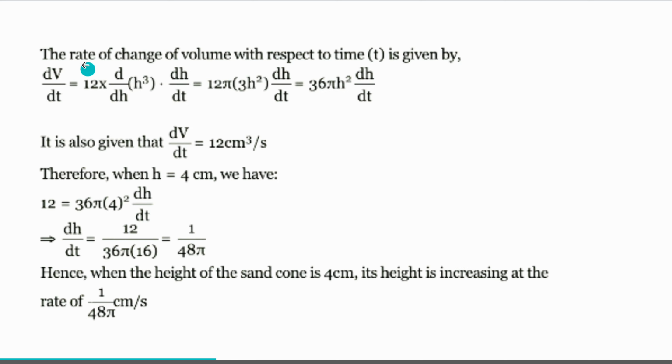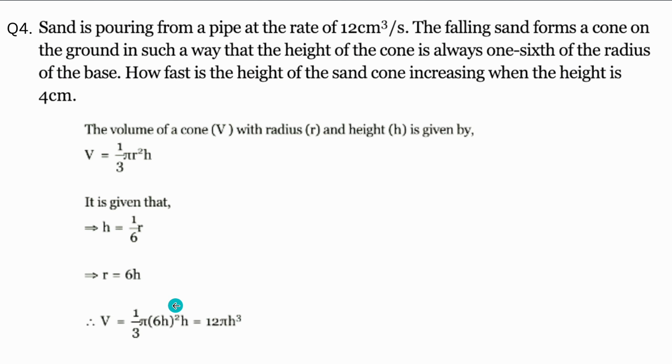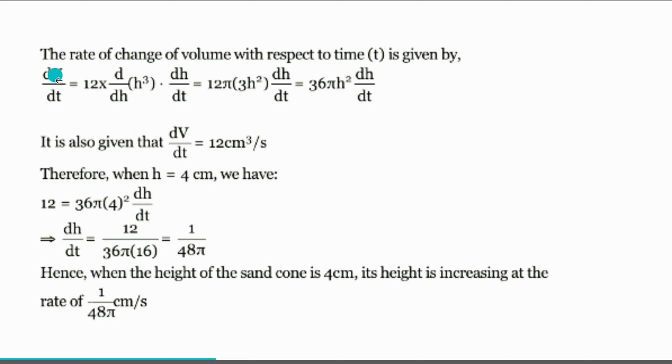Moving ahead, we have the rate of change of volume with respect to time, that is dV/dt. We will now differentiate this equation with respect to t, so we get dV/dt = 36π h² dh/dt. Further simplifying, we get this as our answer.